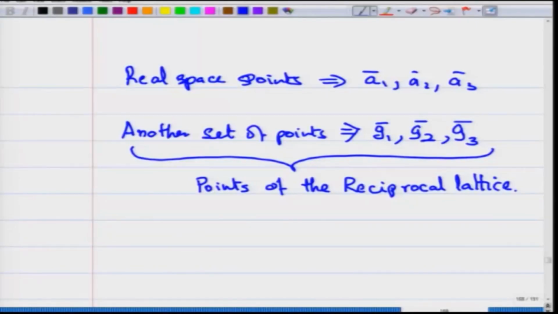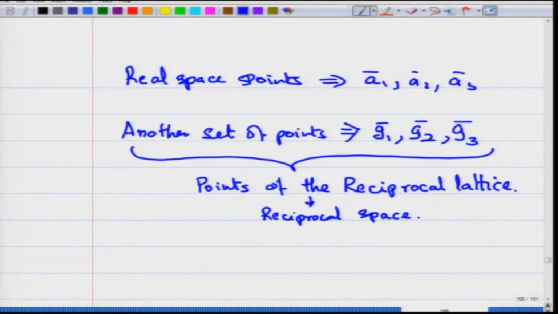There is another set of points which you can generate not in the real space. There is another set of points which you can generate with these vectors G1, G2 and G3. Those are the points which are called the points belonging to a reciprocal lattice, and they are in a space called the reciprocal space.